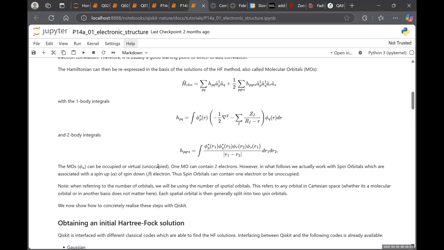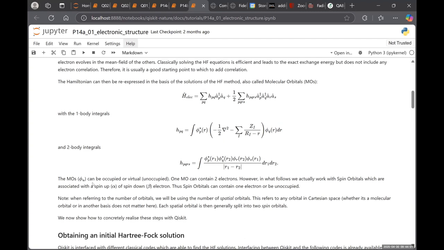As we mark here, these molecular orbitals can be occupied or virtual, unoccupied. Because each electron has spin up and down, each molecular orbital can contain two electrons.